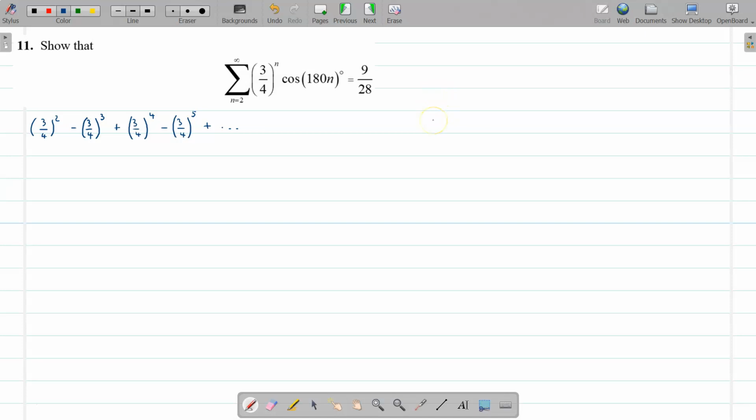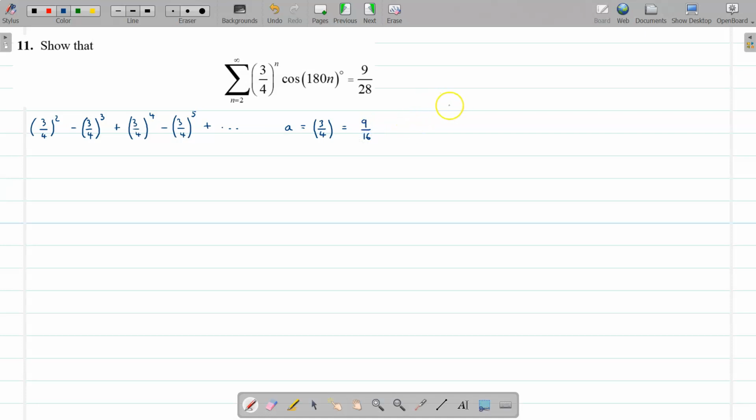Now, what I'm going to do is just simply write that the first term, a, is equal to 3/4 squared, which of course is 9/16. That's the first term.